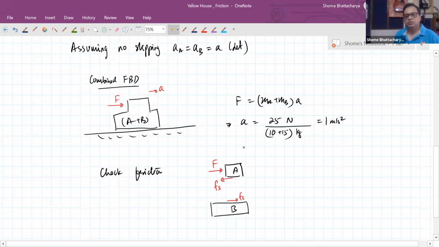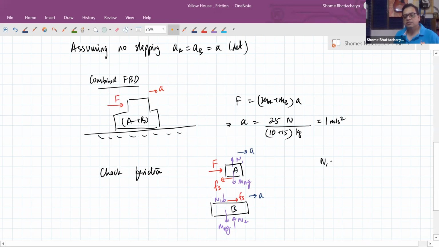Now both these blocks should have the same acceleration. And of course, the vertical forces, see here like this. This static friction is generated by the normal reaction between A and B.